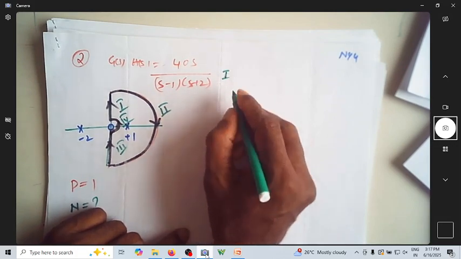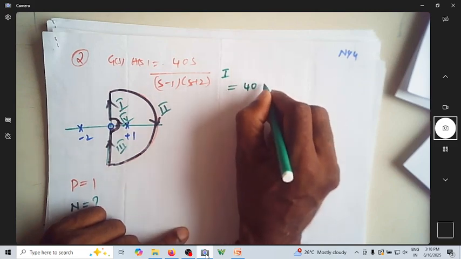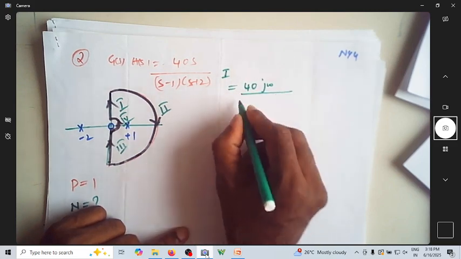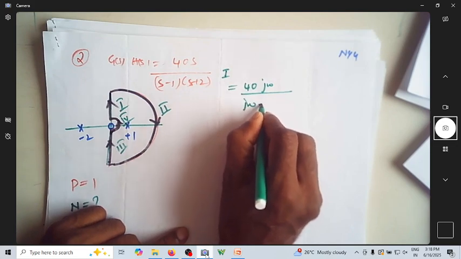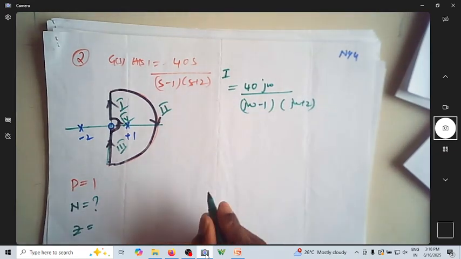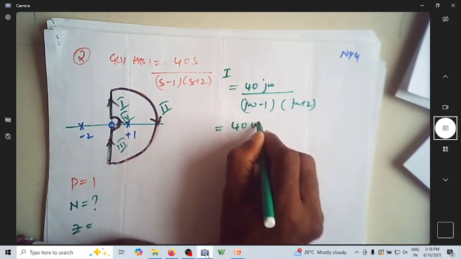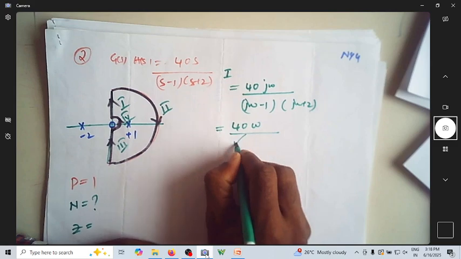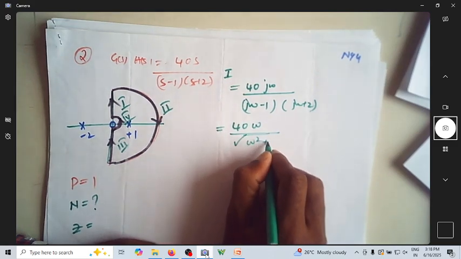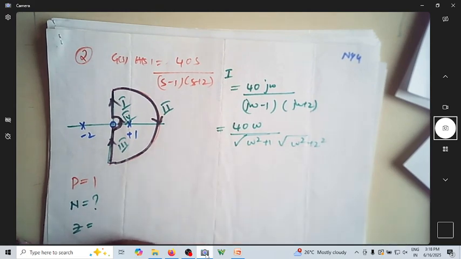So for the first segment mapping onto the GH plane, it is now 40 jω divided by (jω minus 1)(jω plus 2). Now this will become 40 ω divided by the square root of ω squared plus 1 times the square root of ω squared plus 2 squared.